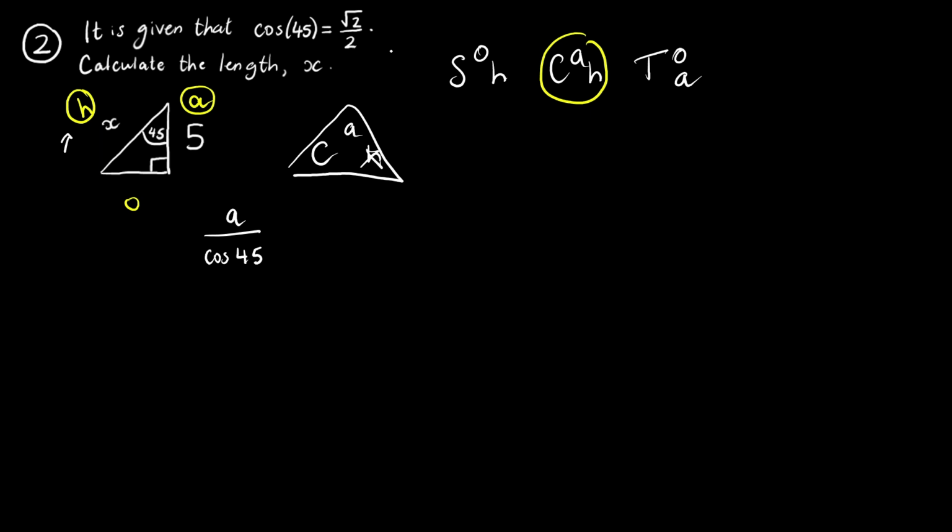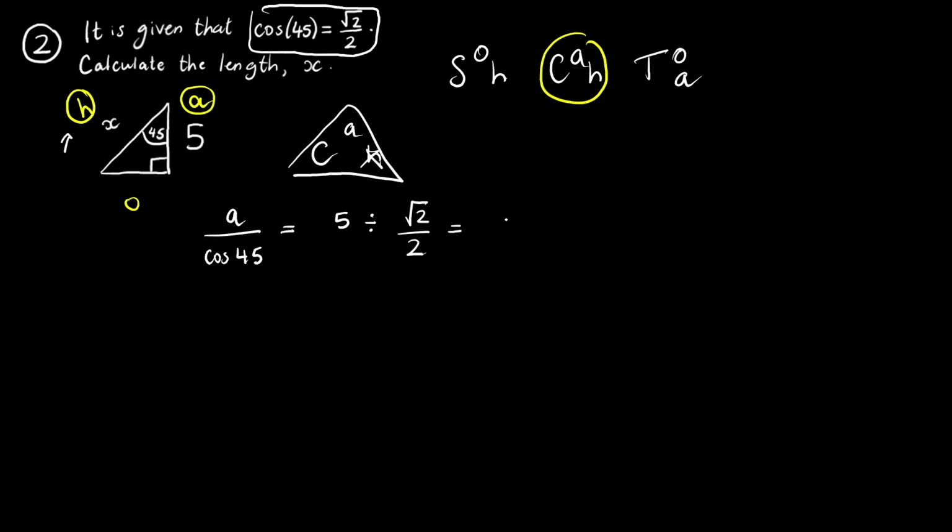Okay, and then we have to put in what our values are. So A is 5. I'm going to write it as a divide here, because I'm going to have to divide by something. It's going to be a fraction, because cos 45, we want to find out what the value of that is, and that's what's given to us up here. So I need to divide it by root 2 over 2.